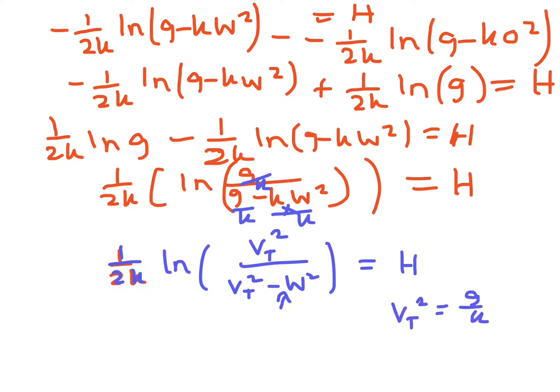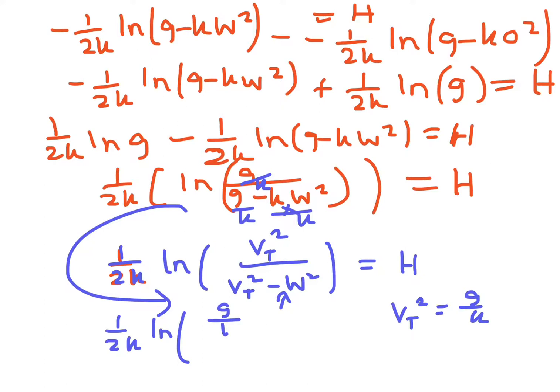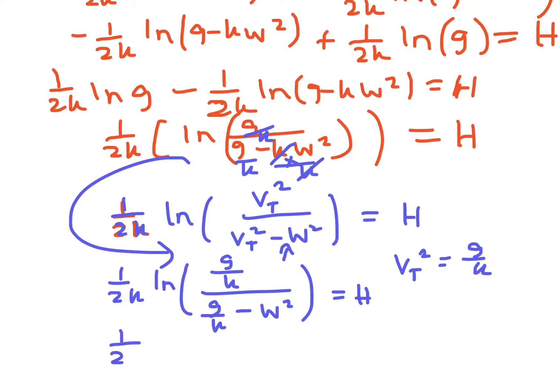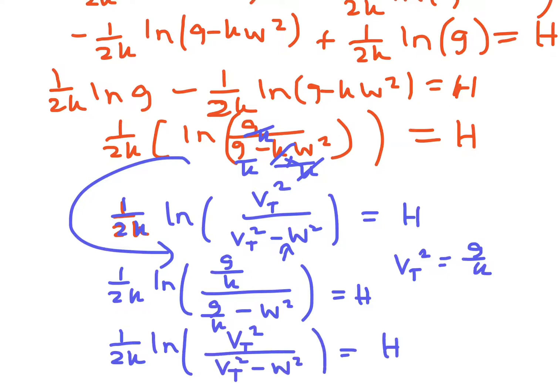Remember, it's g over k. So it's 1 on 2k ln, now going from this one, g over k over g over k minus w squared, because the k's will cancel, equals h. But that means it's 1 over 2k ln vt squared over vt squared minus w squared equals h.